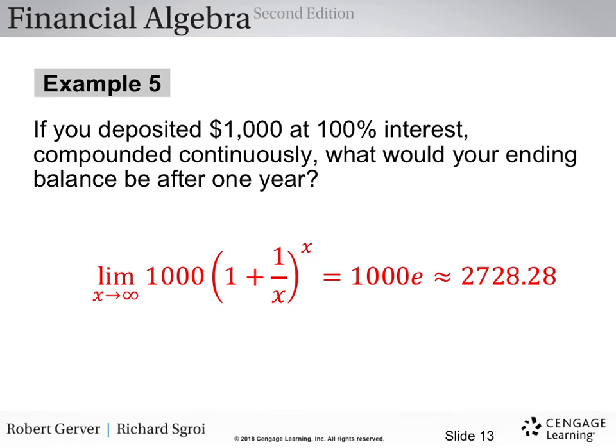Notice what we've got here. We've got this 1 plus 1 over x raised to the x. As x gets really big, what does that approach? That approaches e, or our principal at the end of 1 year is $2,718.28.